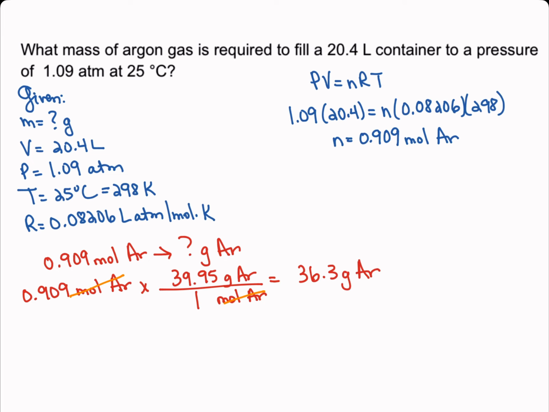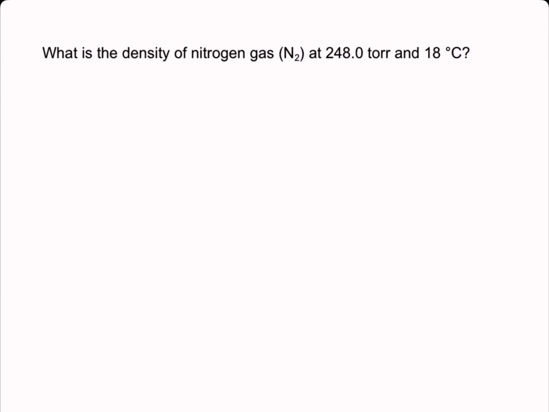Let's take a look at another example. What is the density of nitrogen gas at 248 torr and 18 degrees Celsius? I always want to start off with my given. They are asking for density. They're giving us pressure and temperature.